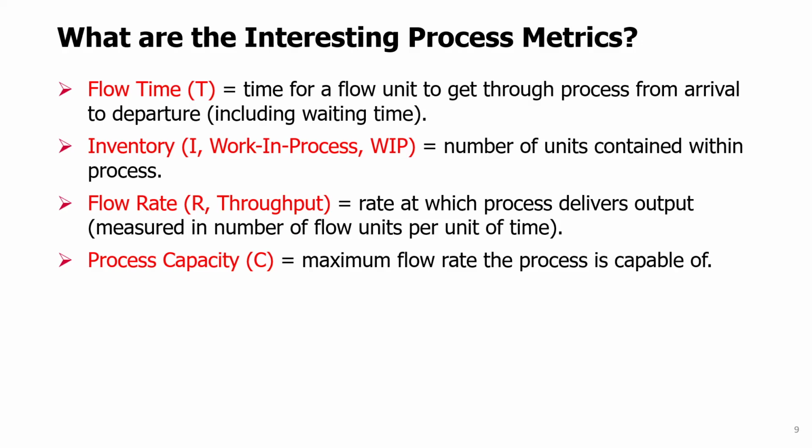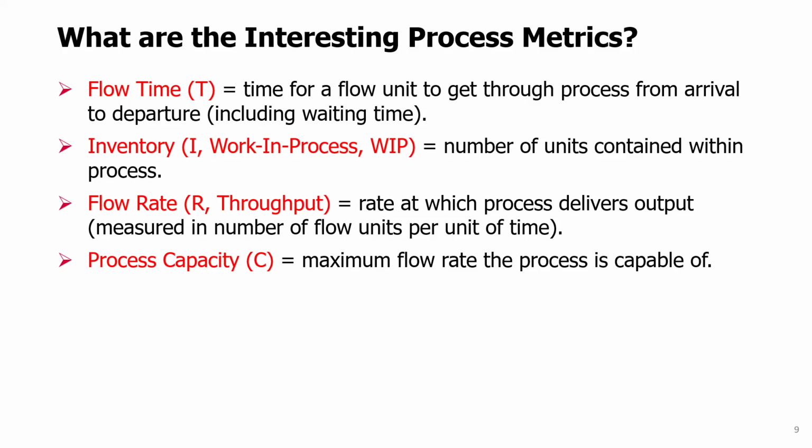And the third measure will be flow rate. The symbol will be R from rate. And sometimes it's also called throughput. This is the rate at which the process delivers output. And it will be measured in the number of flow units per unit of time. So you see, we have three measures here. One is time. The second is units that are processed, like people.